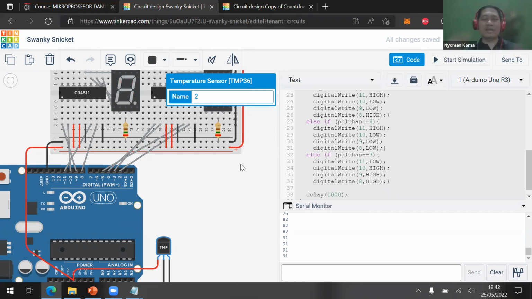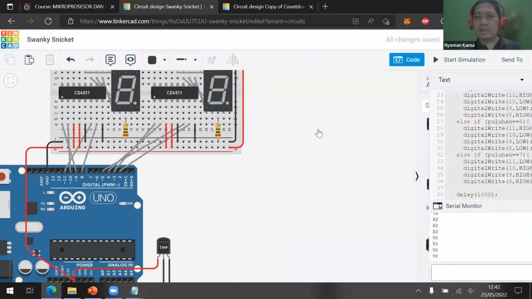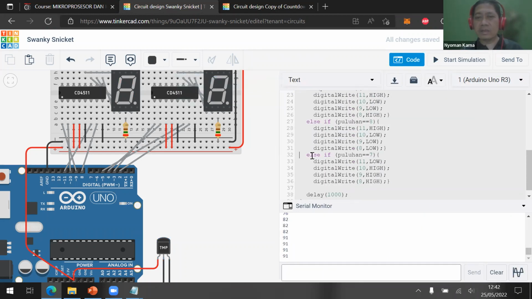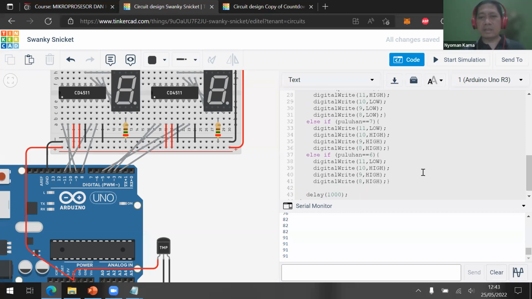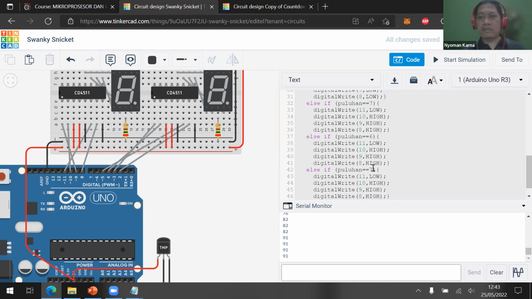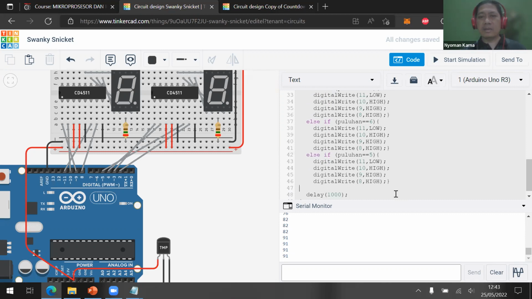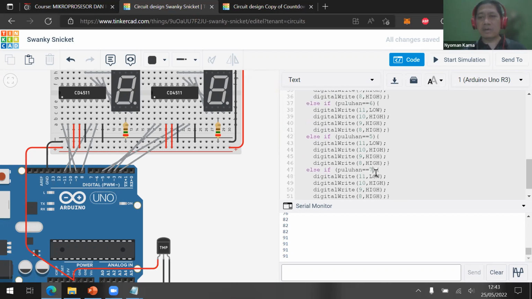Sorry, I got a bit fuzzy with my brain. So we just need to copy this again until it reaches 0. This is 6. And then this one is 5. And then this one is 4.